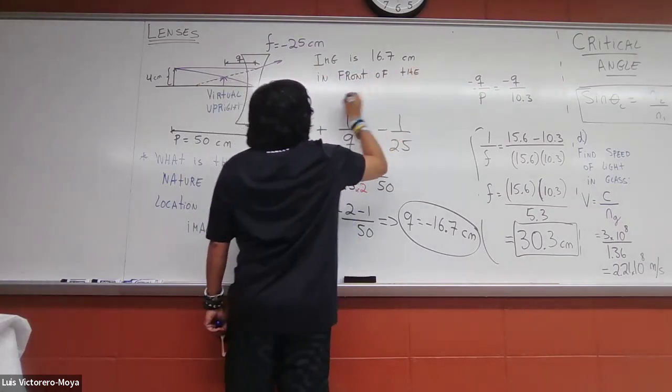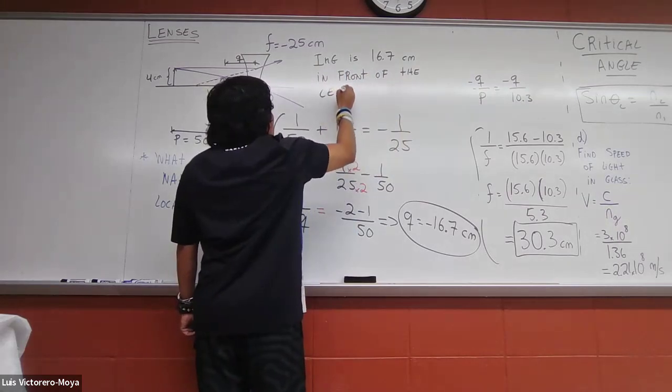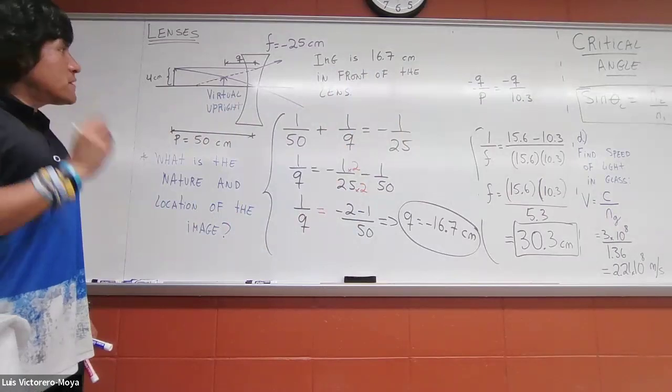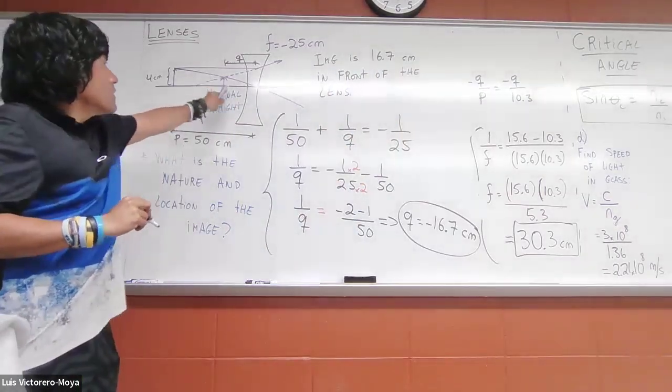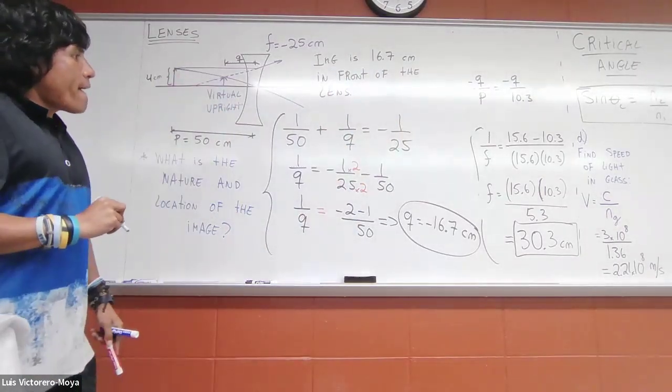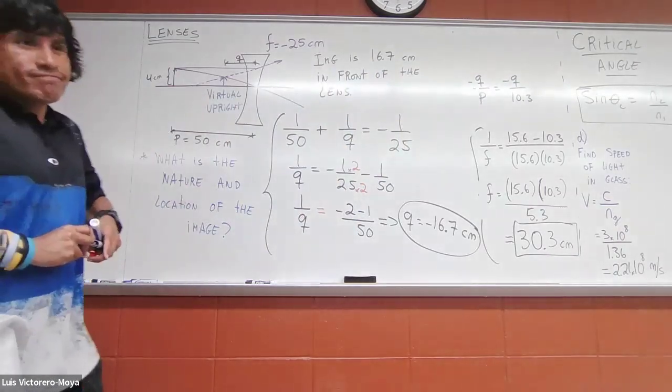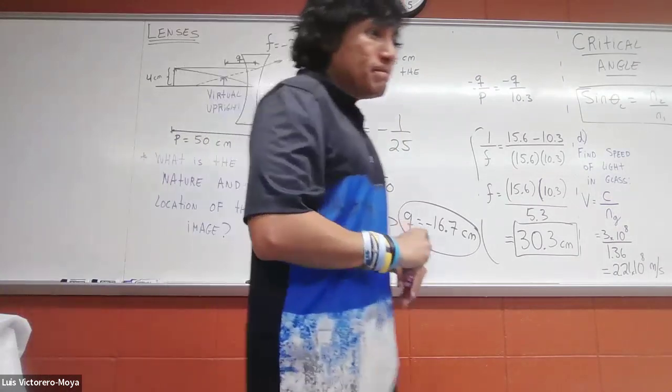The mirror, the lens. Front of the lens. At the same side as the object. And is virtual upright. Okay?